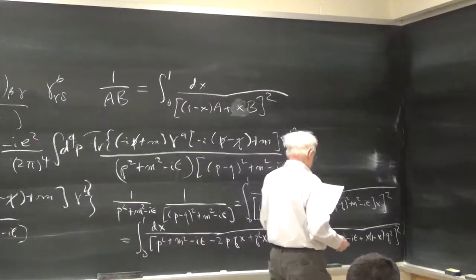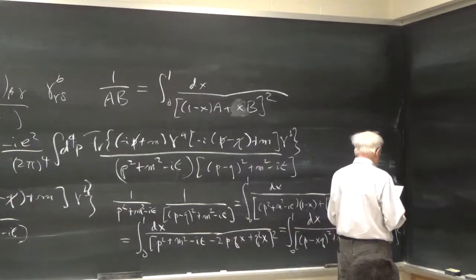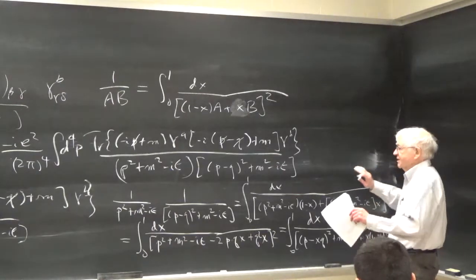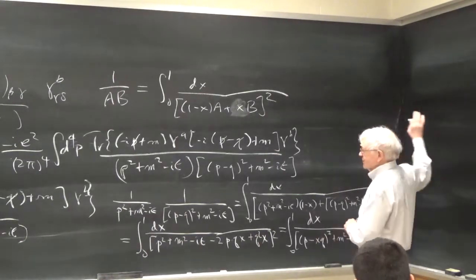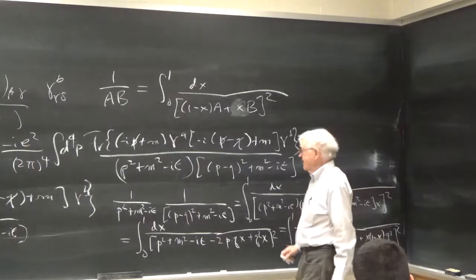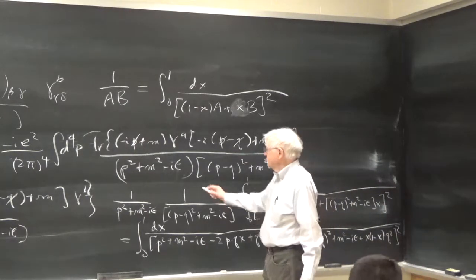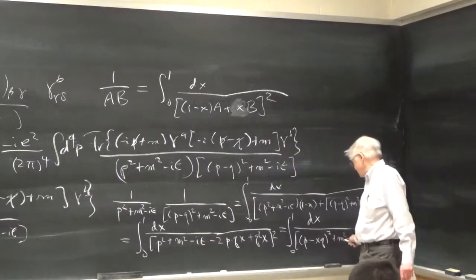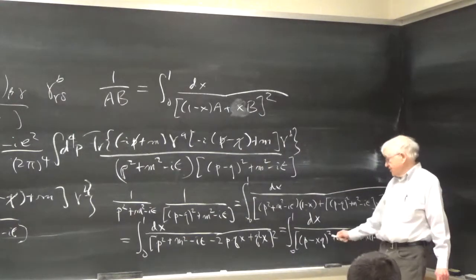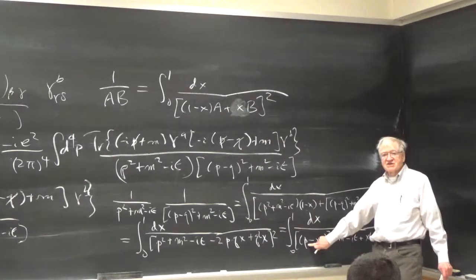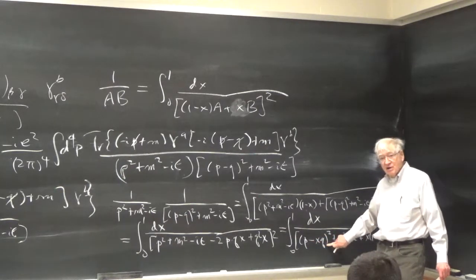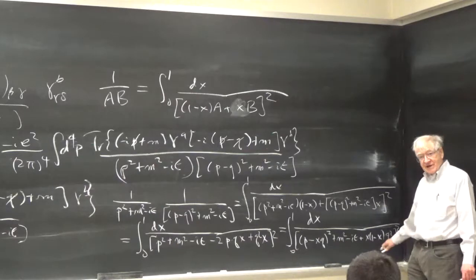So at this point, let's imagine that we've rewritten the product of denominators this way, so I don't have to rewrite all of this yet again. Once we do that, then obviously a shift of p goes to p plus xq simplifies the denominator.